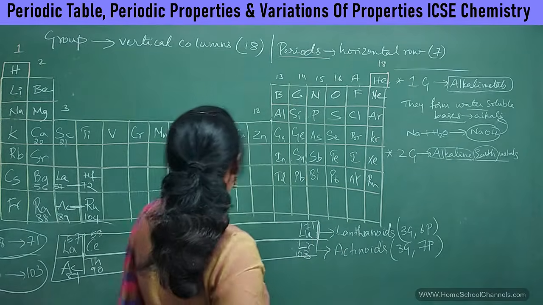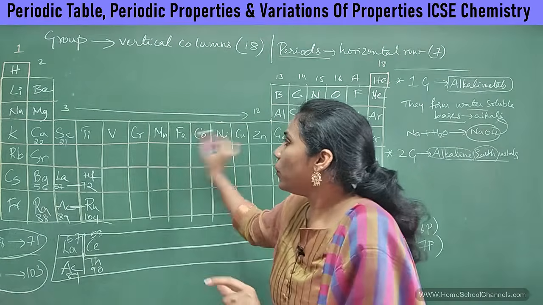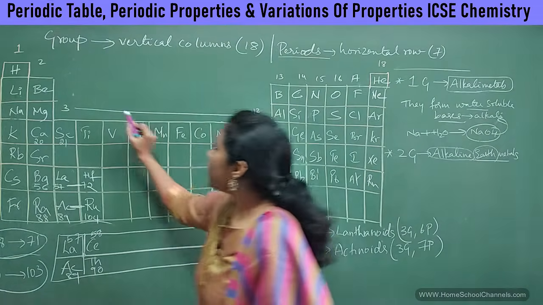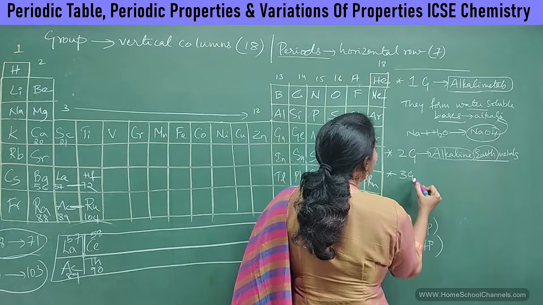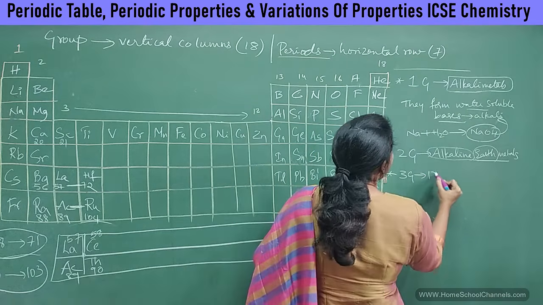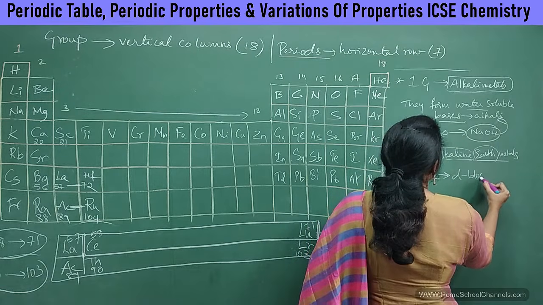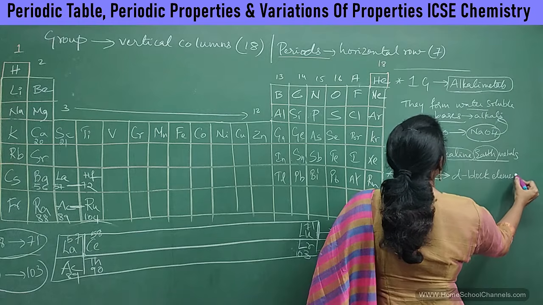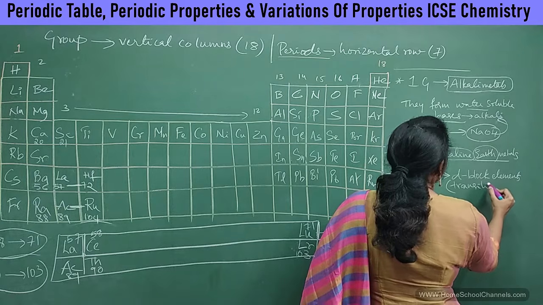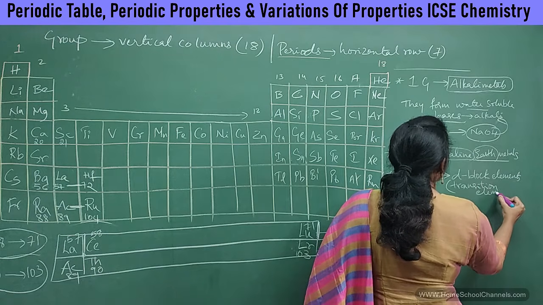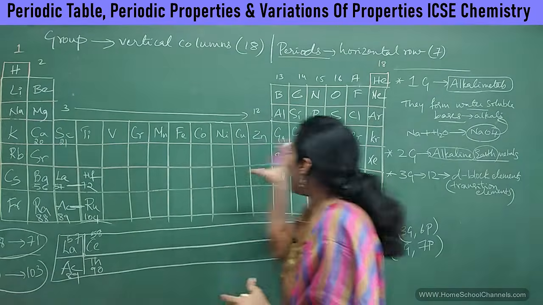Okay, fine. And you know, from group number 3 to group number 12, we don't call them with any special name. We commonly call them as transition elements. Okay, so from third group to which group? 12th group. They are called with the name D block elements, or they are also called transition elements, because they come in between S block and P block.